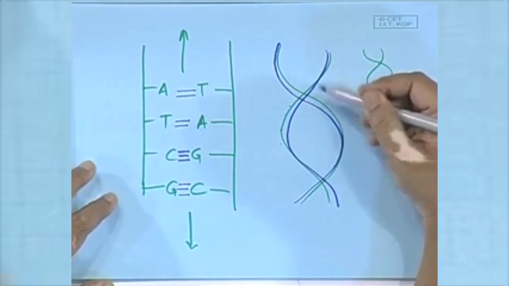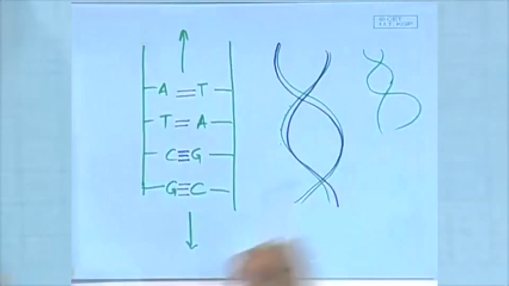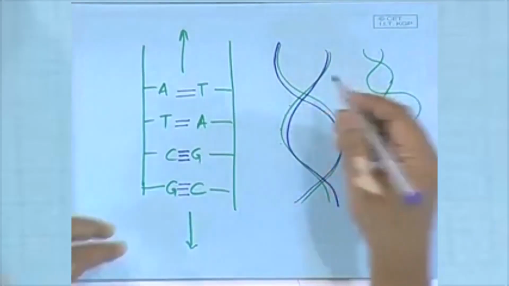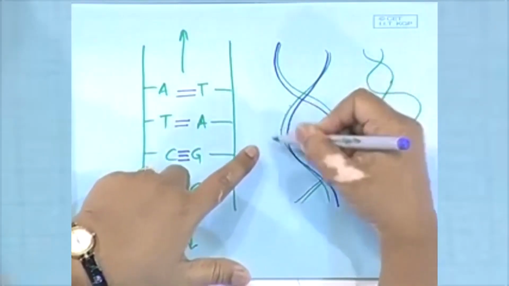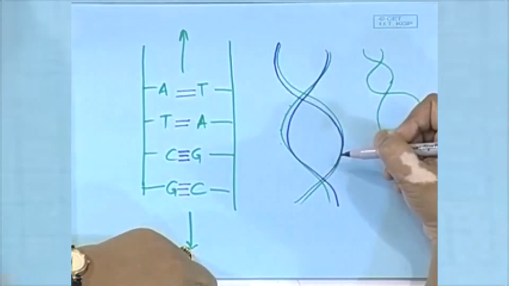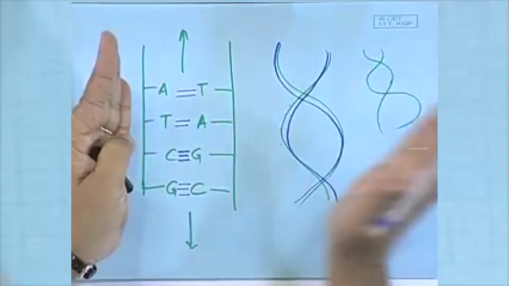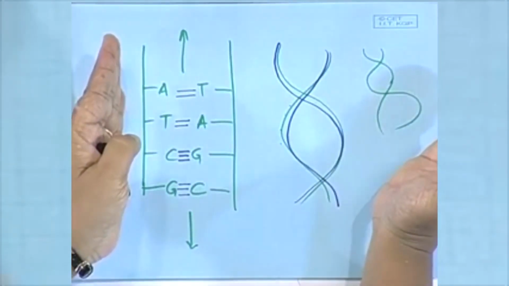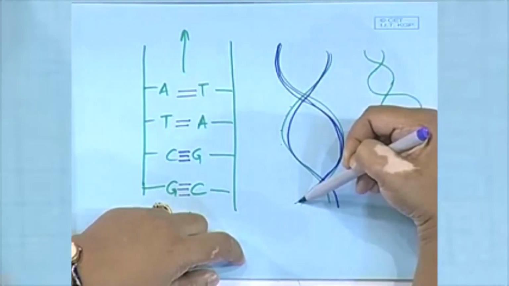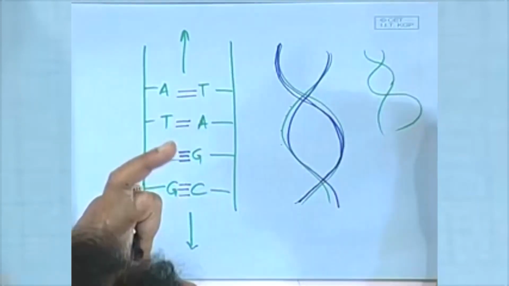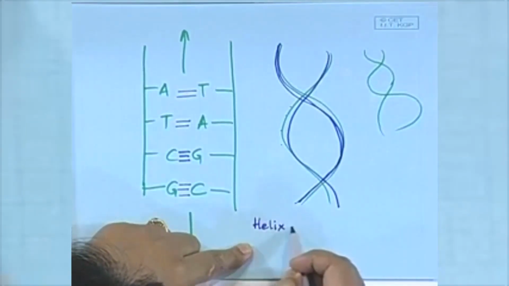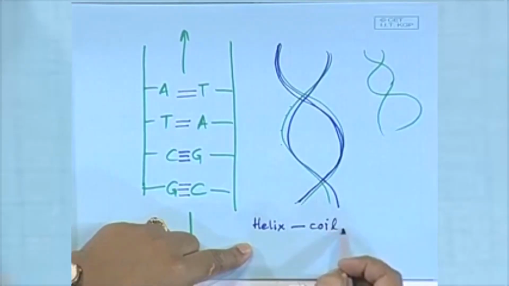It will not be very easy for you to separate the chains, because if say you have further negative charge here, what is going to happen? There is going to be repulsion between the chains, right? Repulsion between the strands is what is going to take it apart, because essentially what you are doing is you are resulting in a helix coil transition. That is what you are looking at.